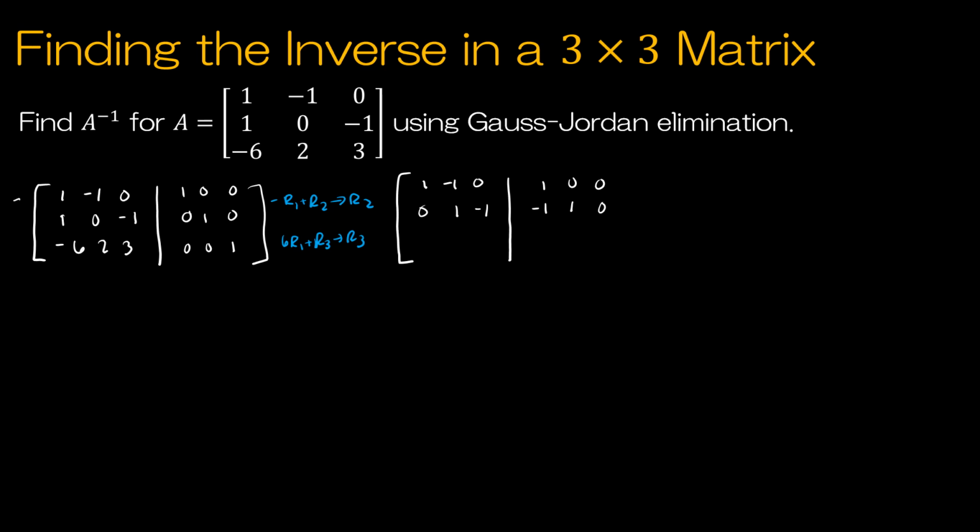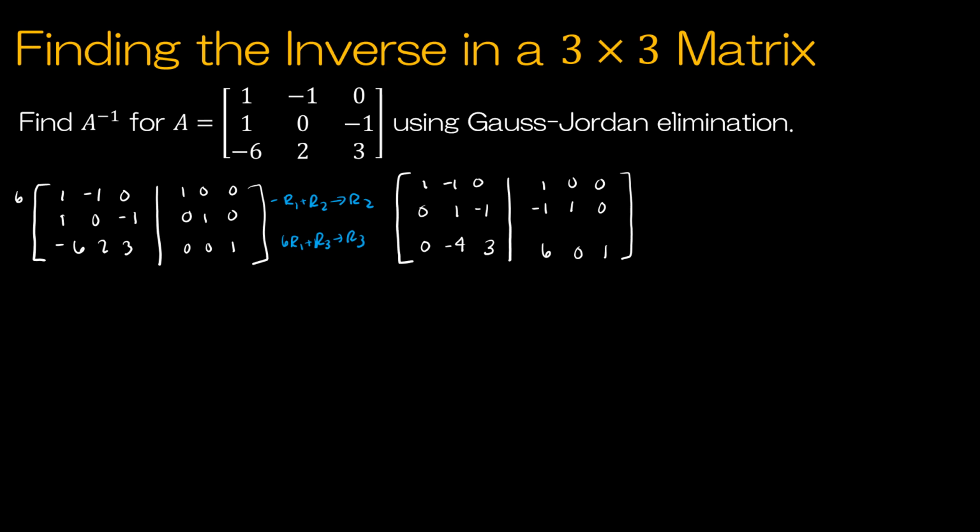And also now I'm going to take 6 times the first row and add it to the last row, so 6 plus -6 is 0, -6 plus 2, 0 plus 3, 6 plus 0, 0 plus 0, 0 plus 1. Just trying to cut down the amount of writing and work that we're showing.